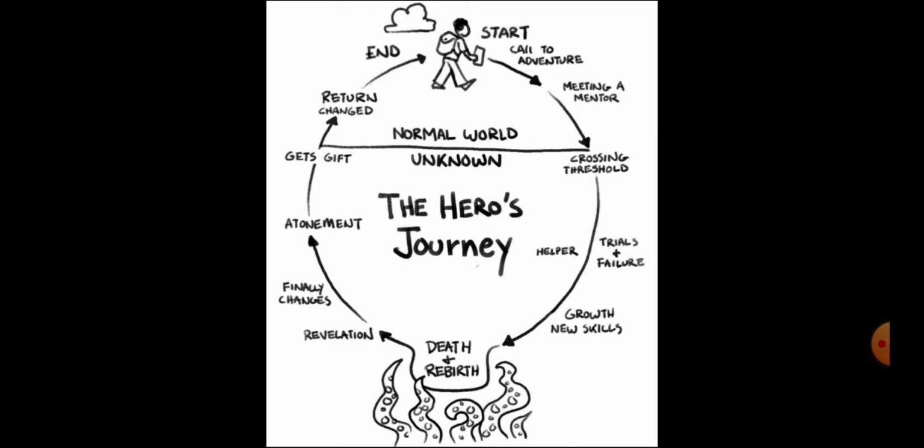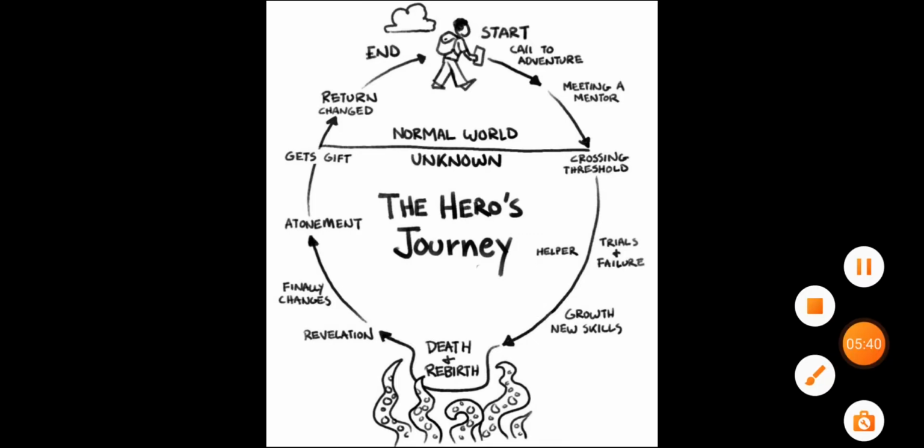But the call to adventure happens at the 10th house MC point in your chart. Whatever you have there, when Saturn arrives at that place in your chart, is when you're called to embark on this new adventure, the new chapter of your adventurous life.